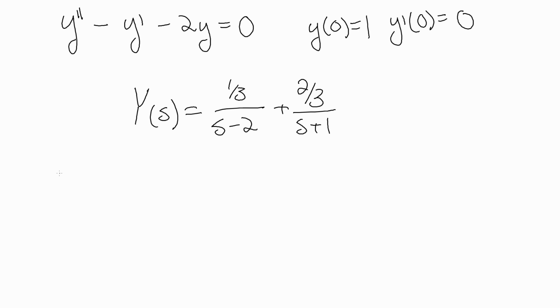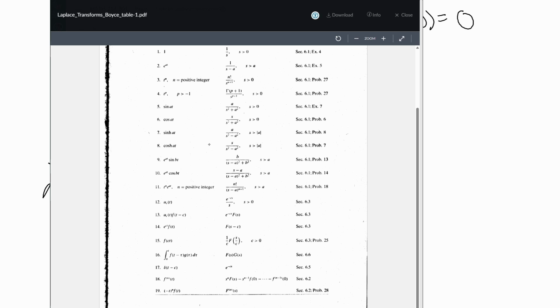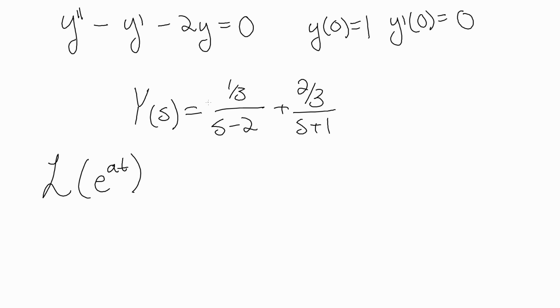So I'm going to write out that the Laplace transform of e to the at, this is coming straight from line 2 of the Laplace transforms table, is equal to 1 over s minus a.